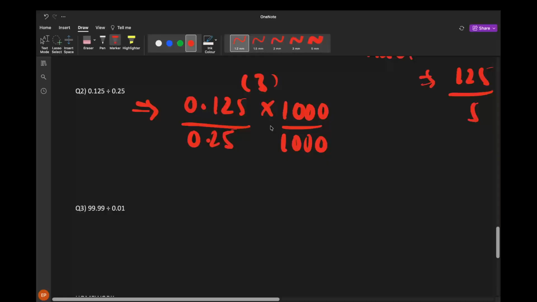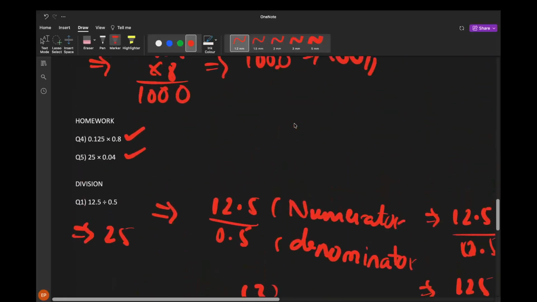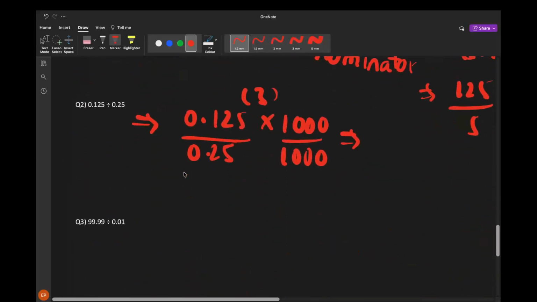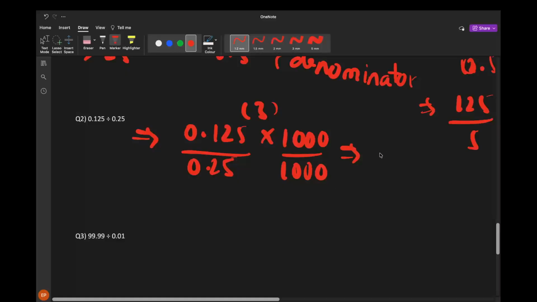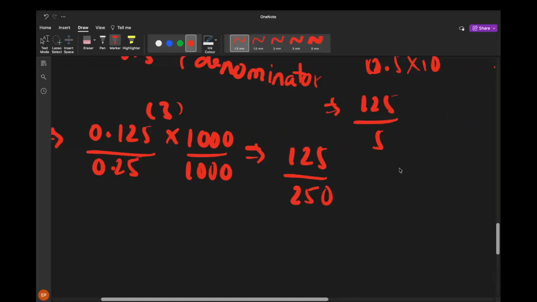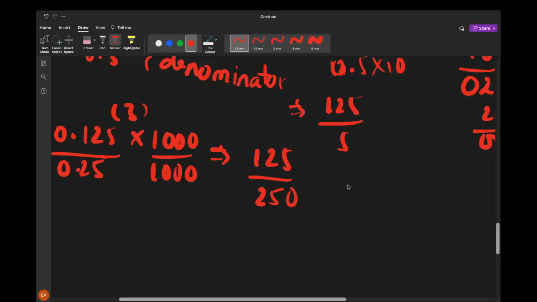You can refer to the previous videos of the division part. So do the normal multiplication like we did here with the decimal points. We'll get 125. This one as 250.